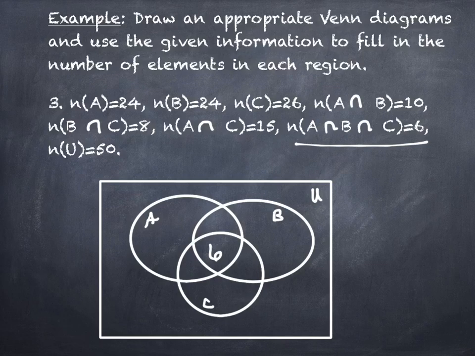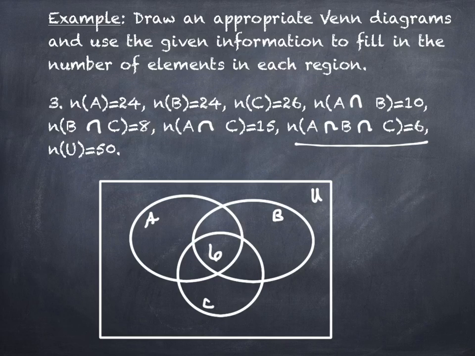And now what I'm going to do is work my way backwards with the list of information. All 3 of the pieces that talked about 2 overlapping areas, I can find now because I know one of the 2 overlapping areas. It's 6. So I'm just going to go backwards on my list. I did this piece with the 6. I'm going to go back to A intersects C. So here's circle A and here's circle C. They overlap where the 6 is, and they overlap in this piece right here.